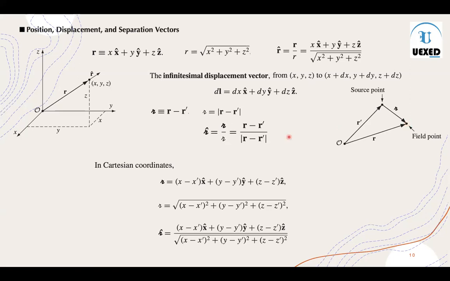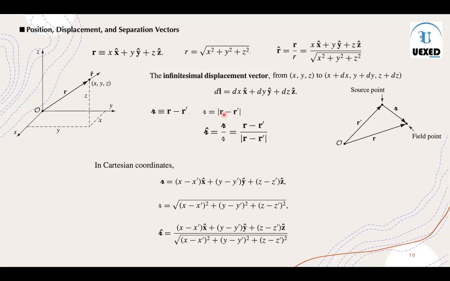Very good. So this way, we have consistent symbols to define the displacement, or you can say the difference between the source point and field point position vectors, like a small curly r. Then you can always find the magnitude, and that magnitude can be written in terms of the moduli.